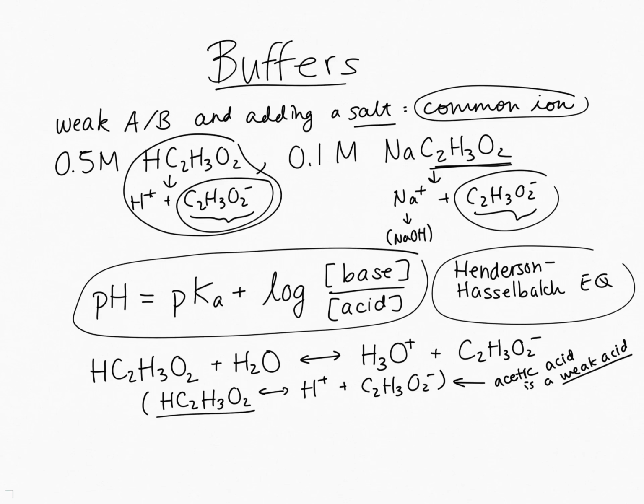So initially, what it means to be a weak acid is that the majority of our acetic acid is going to remain that way, and it's not going to dissociate a lot to produce that many H pluses. As a result, the pH isn't going to be very low, or very acidic, in other words.